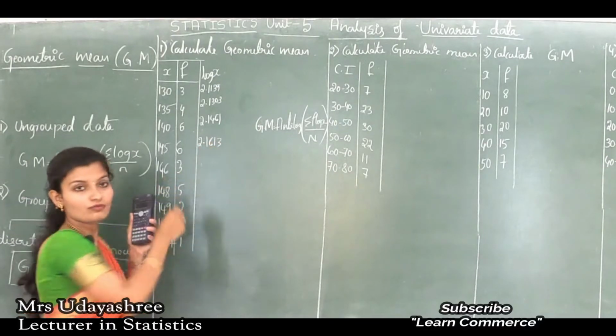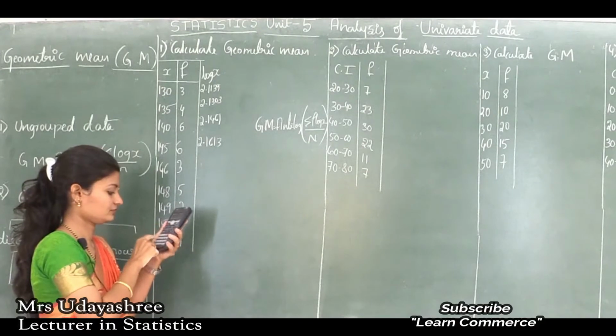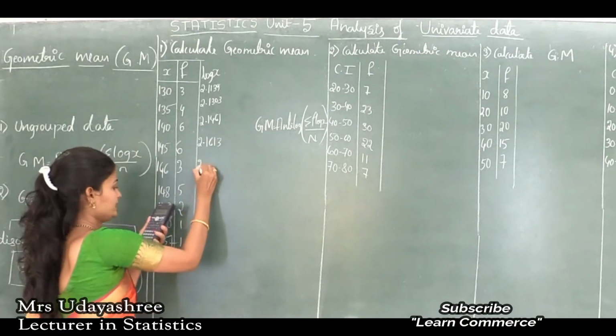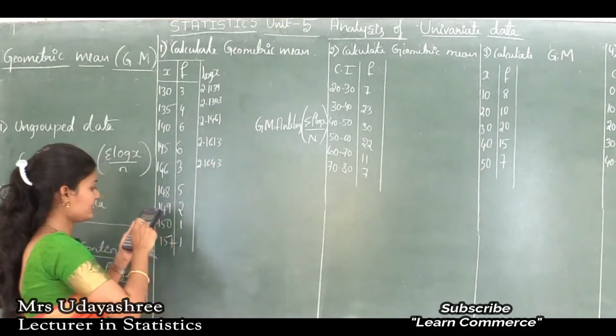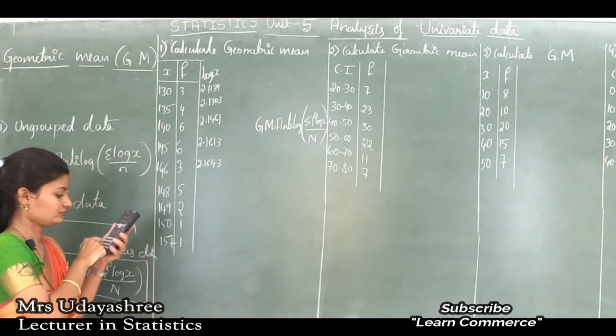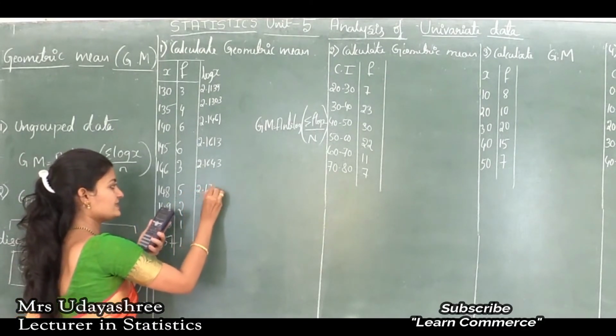2.1613. Then log 146 is 2.1643. Then log 148 is 2.1702.